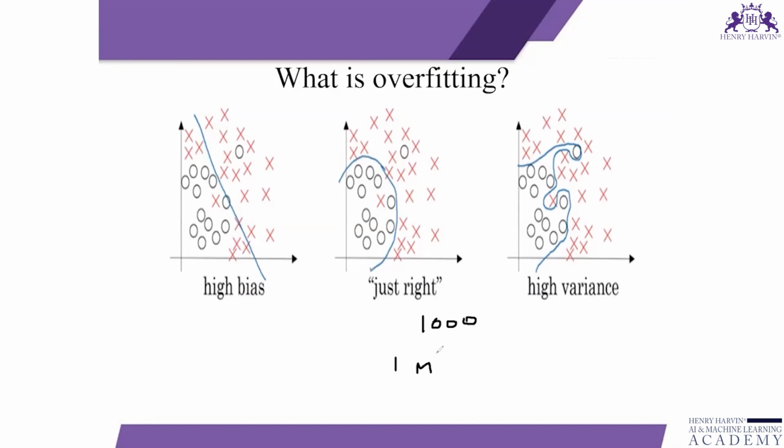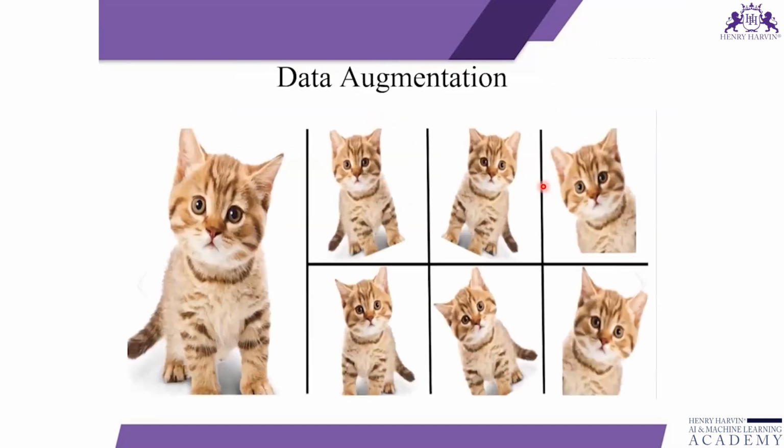All of us know that getting new data is hard, so now we are trying to get new data, right? That is our aim. So let us understand what data augmentation is now. Data augmentation is a process of generating new data from existing data.